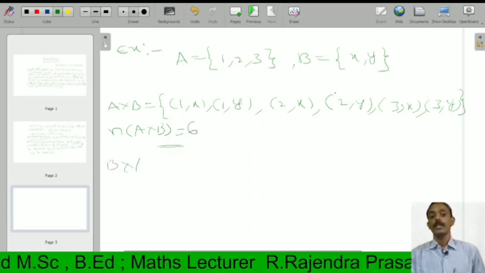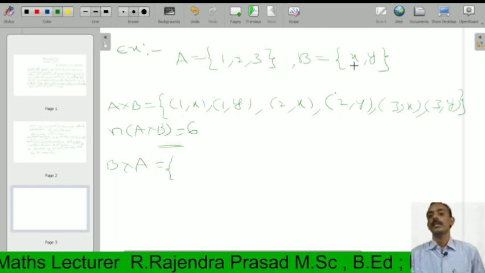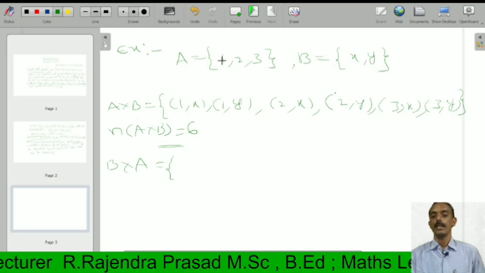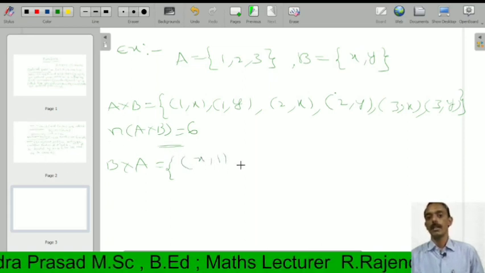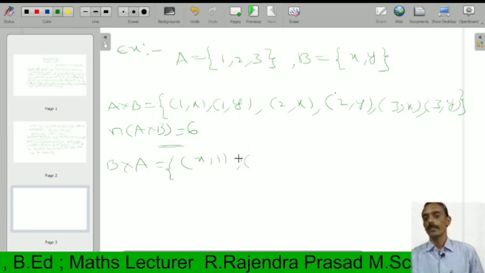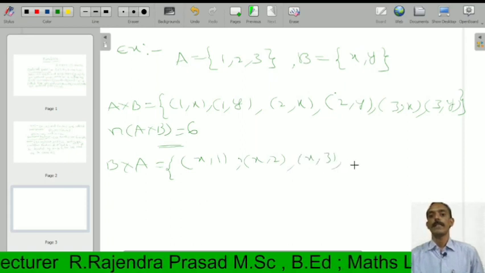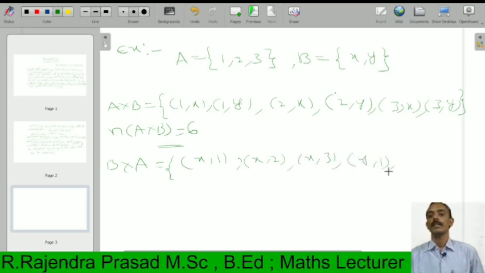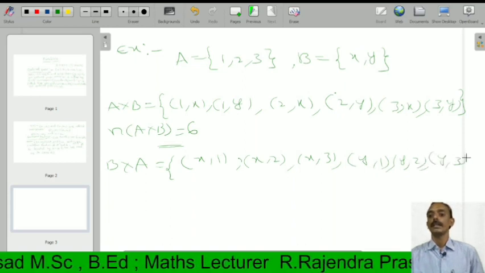Here B cross A equal to {(x, 1), (x, 2), (x, 3), (y, 1), (y, 2), (y, 3)}.